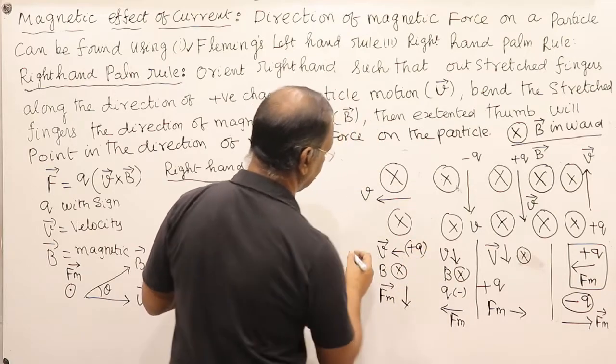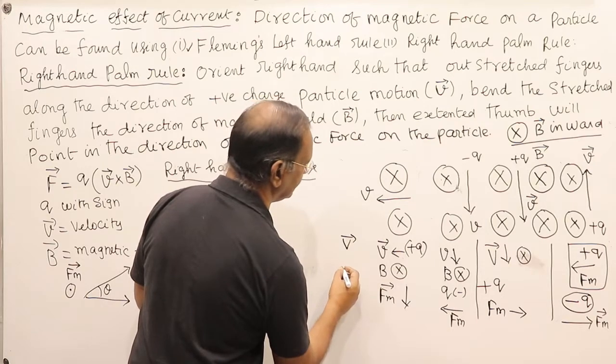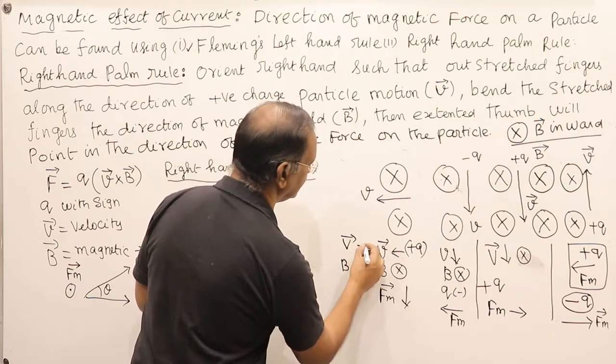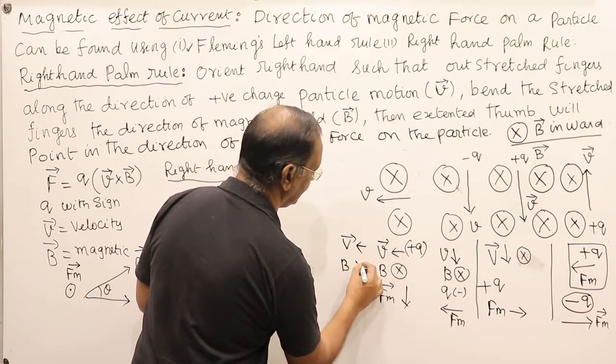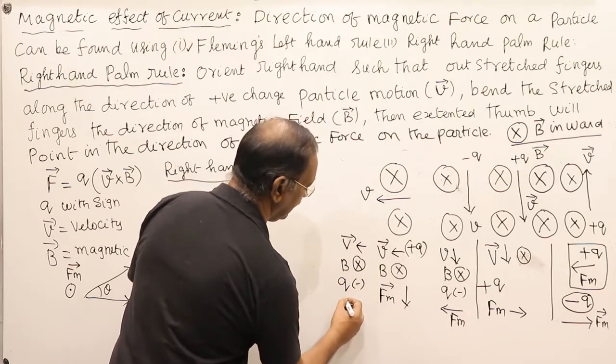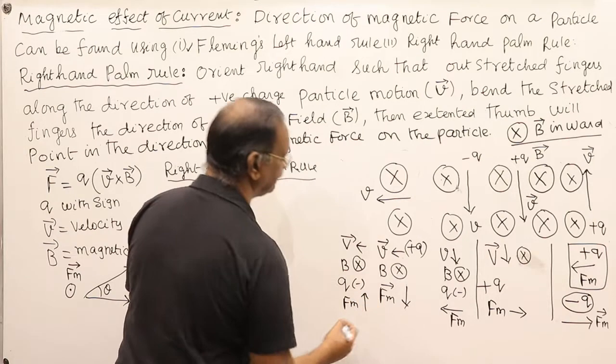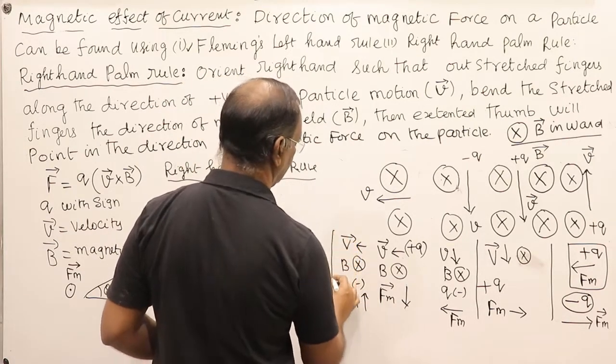If it is negative charge, velocity is the same direction, B is the same direction, charge is negative, and force will be exactly opposite to this direction. So you should not worry about this one.